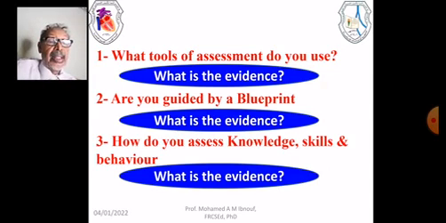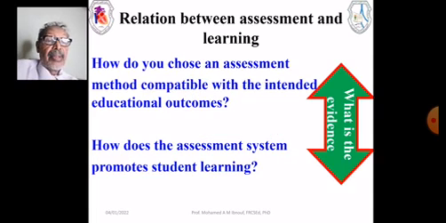And how we assess knowledge, skills, and behavior: according to each type, the knowledge or skills, it is a category for an assessment tool. And for each of these, we have, of course, evidence from the examinations in all courses in the faculty.